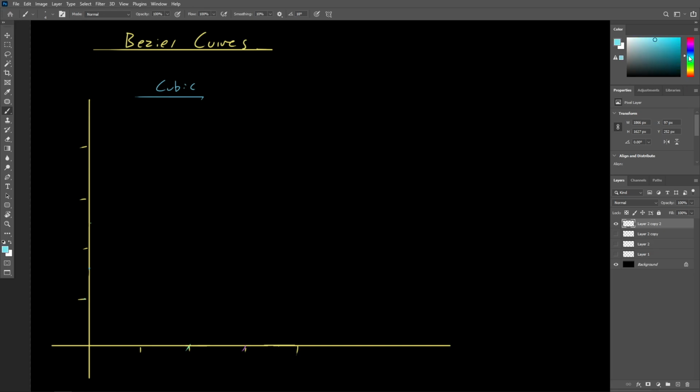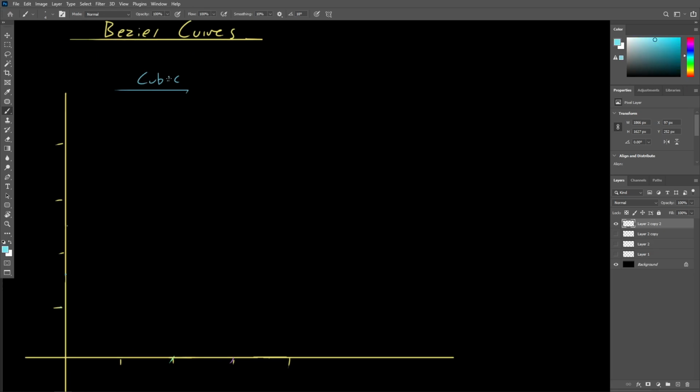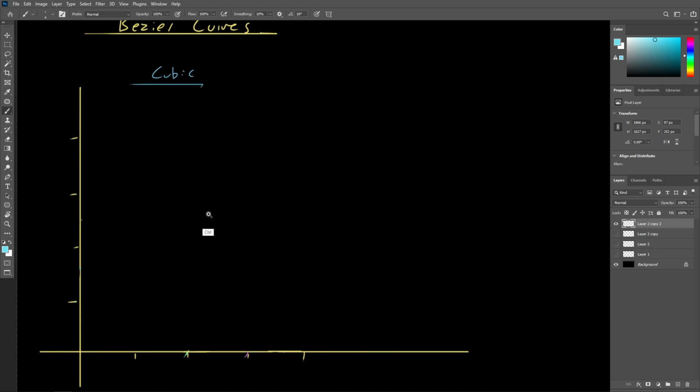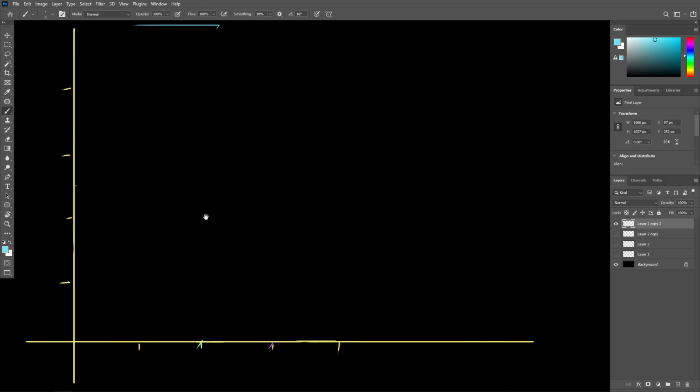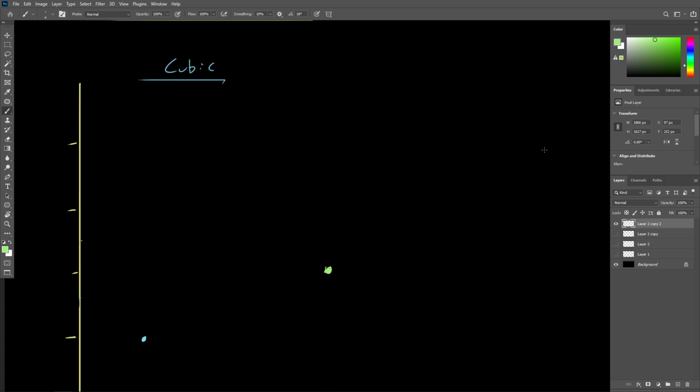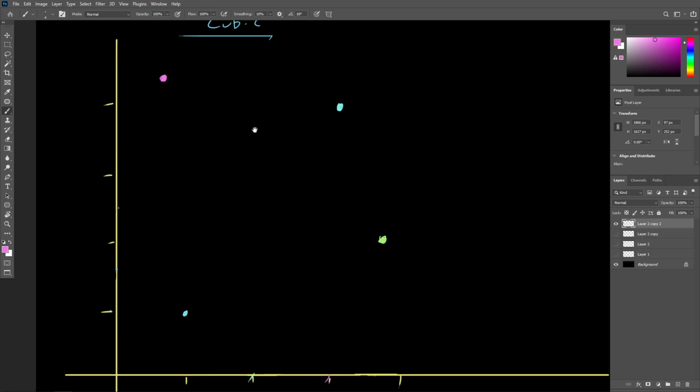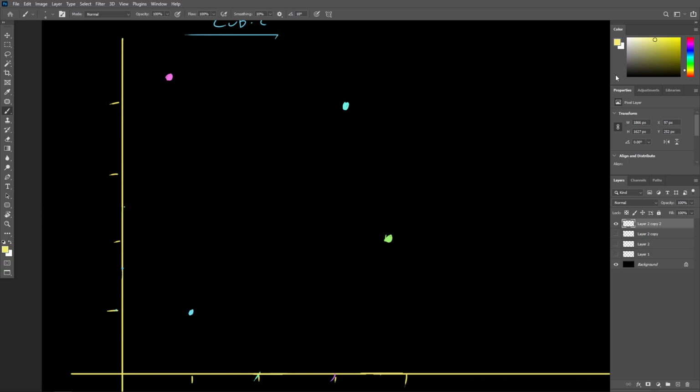So let's just put down some points here. A cubic Bezier curve makes use of 4 points, right? So one more than the quadratic curve. So again, we could just have some points in our two-dimensional space here. And then we could get an idea of just whereabouts that resulting curve would fall.